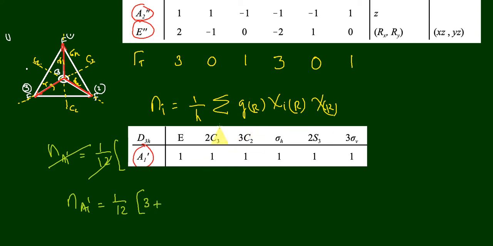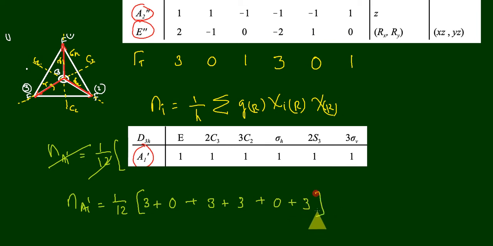In the case of C3, that is equal to 2 into 0 into 1, that is equal to 0. So this is 0, plus then g r is equal to 3 in the case of C2. 3 into 1, that is equal to 3, plus, in the case of sigma h, it is 1 into 3, that is equal to 3, plus in the case of S3, it is 2 into 0, that is equal to 0, plus then 3 into 1 into 1, that is equal to 3.